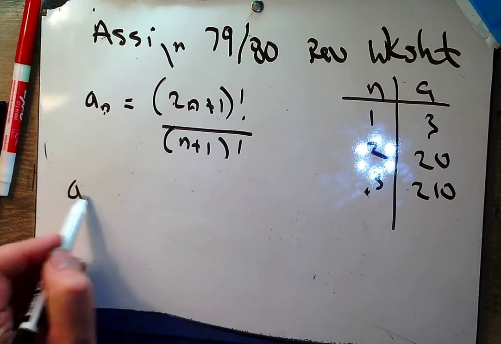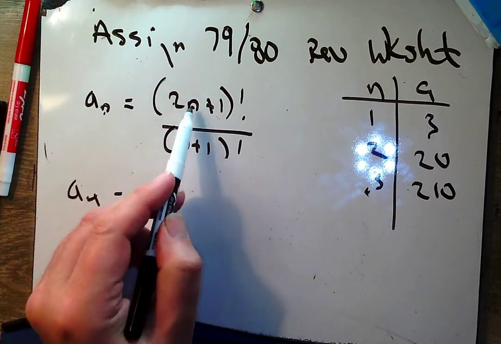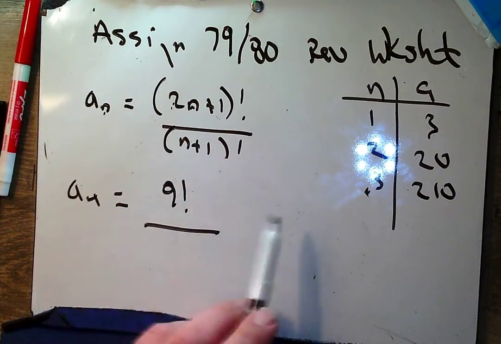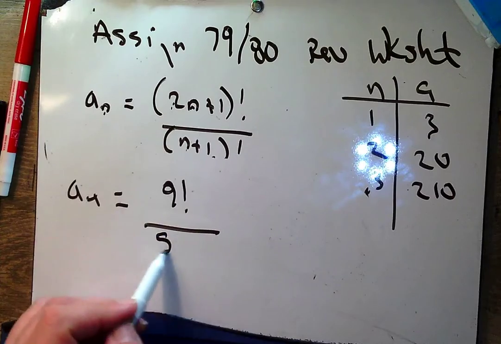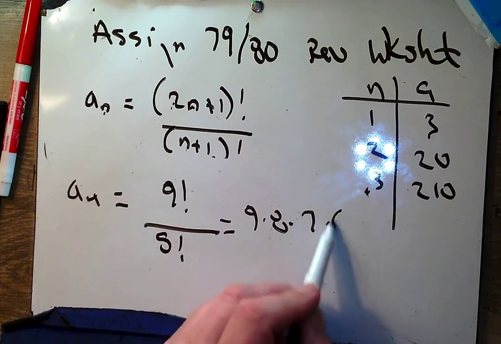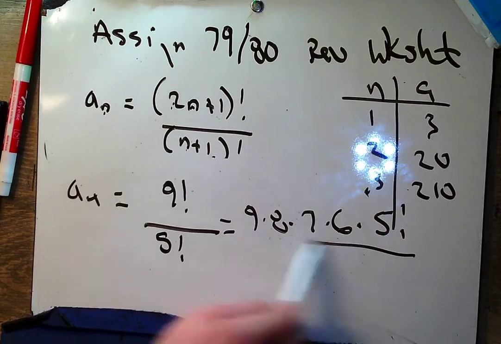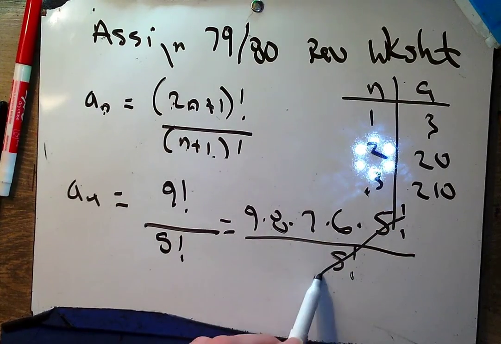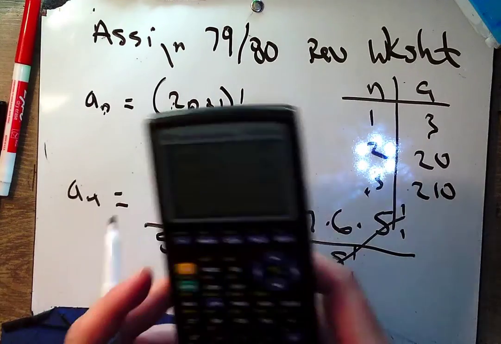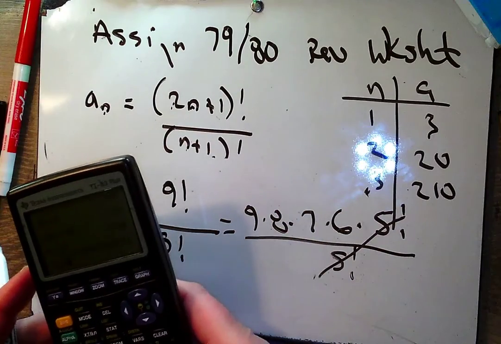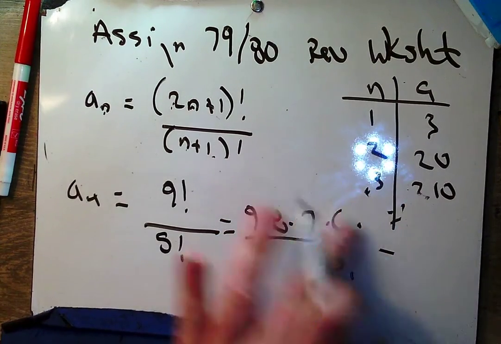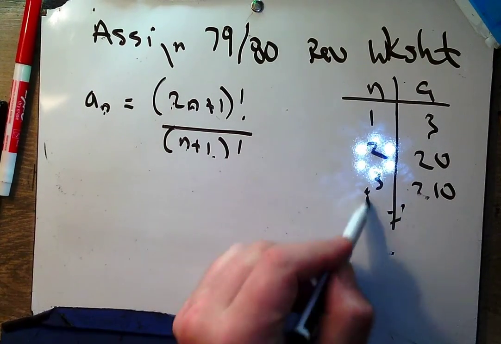Okay, we said 4. 4 times 2 is 8. 8 plus 1 is 9 factorial over 4 plus 1 is 5 factorial. So 9 times 8 times 7 times 6 times 5 factorial over 5 factorial. 72 times 42, sorry, not without a calculator. 72 times 42, and I get 3024.